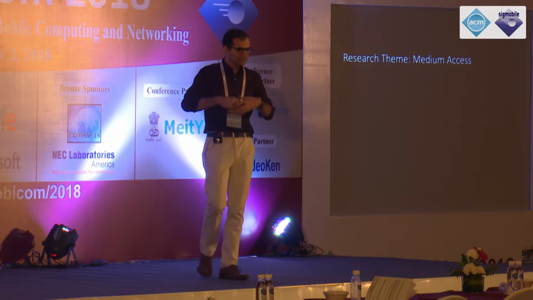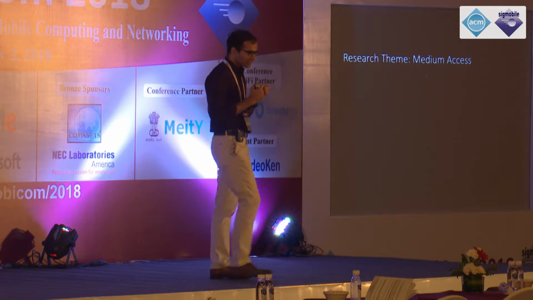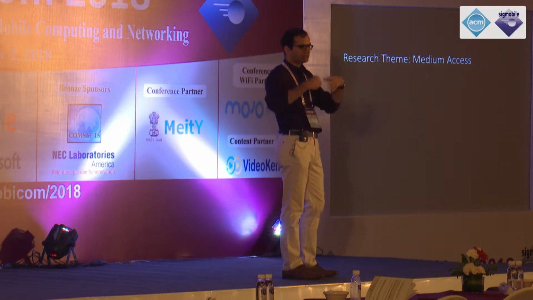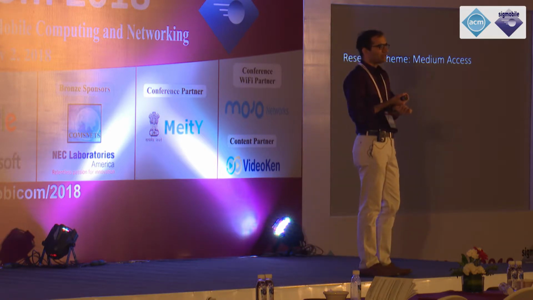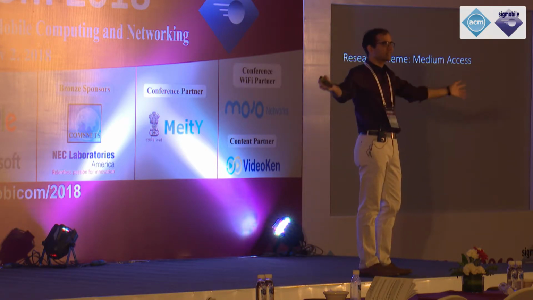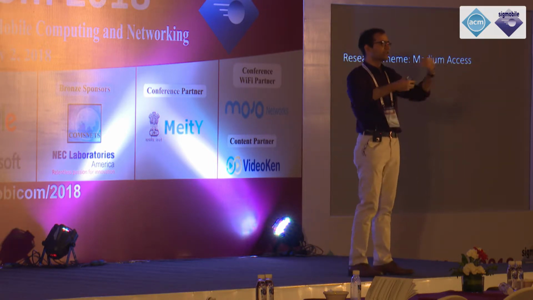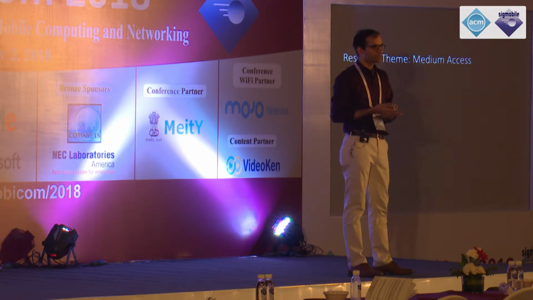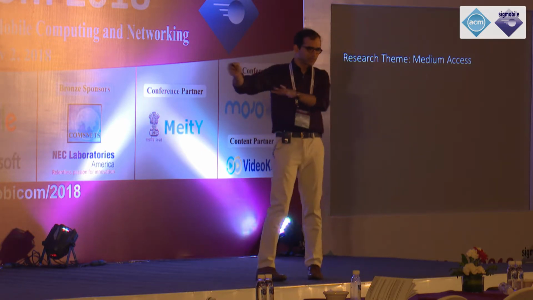So let's move on to the first research theme in this space, which is also going to be covered tomorrow. The first research theme to think about is medium access. When you have these really low-power tags, how do they decide who accesses the medium? Let's say I have hundreds of these tags all around, and I have a reader which transmits its signal. These tags have to decide who's going to communicate when. In the RFID space, there are a lot of different solutions.